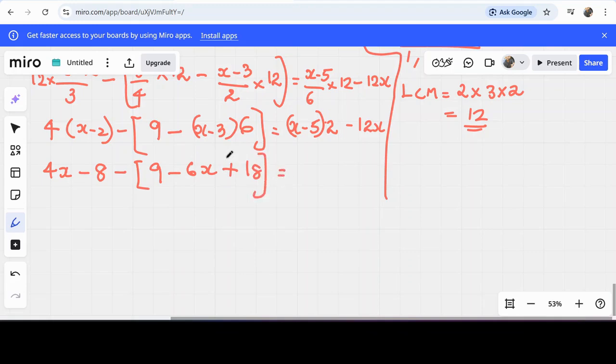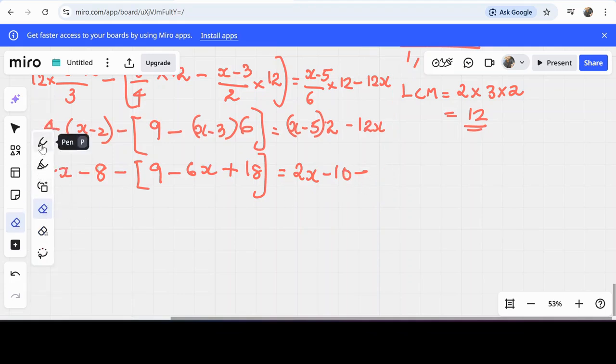Which is equal to this negative and this 6x, then minus into minus plus. Okay, now 2 I can multiply inside, 2x minus 10 will come, minus 12x. So here I am writing 2x minus 10 minus 12x.